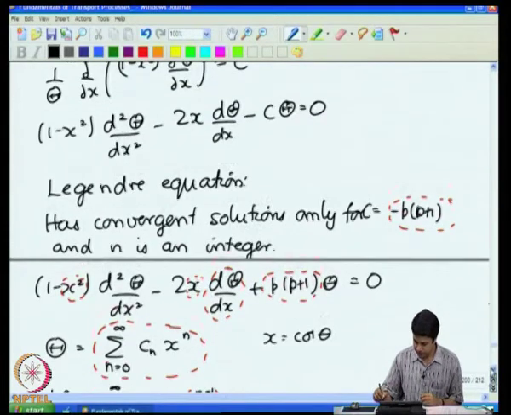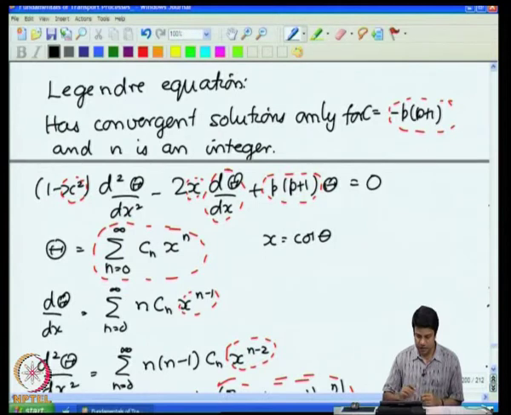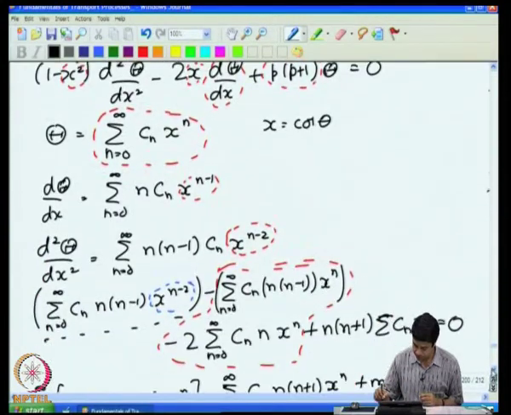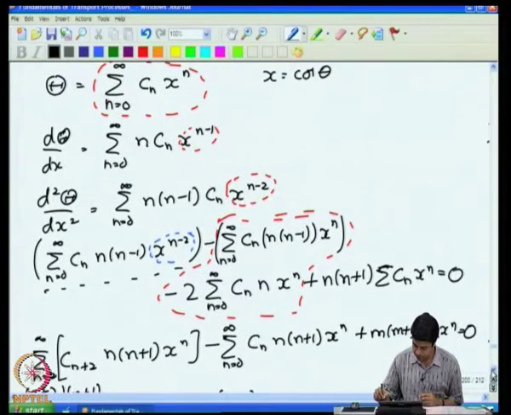What I had done was expand this solution in a series in x. X is cos theta, which varies between minus 1 and plus 1. Therefore, this series is always convergent provided the coefficients decrease as n becomes large.